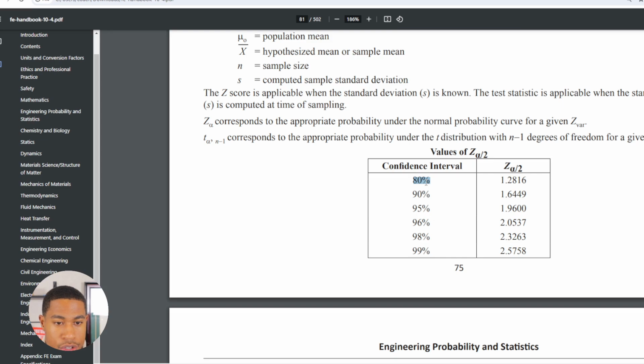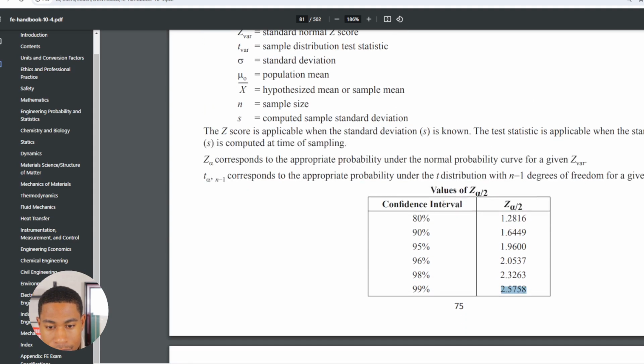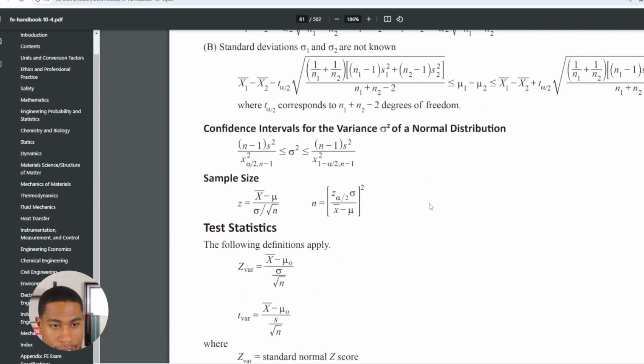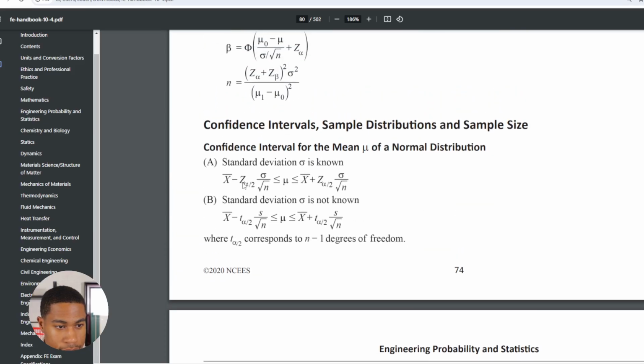So if you want to be 80% confident that quarterbacks are going to throw whatever amount, then you're going to use the 1.28 in that case. If you want it to be 99% confident, then you're going to use 2.55 or 2.57. So that is the number that you plug in for this little value here, right? All right, so then you have your standard deviation all over the square root of n.